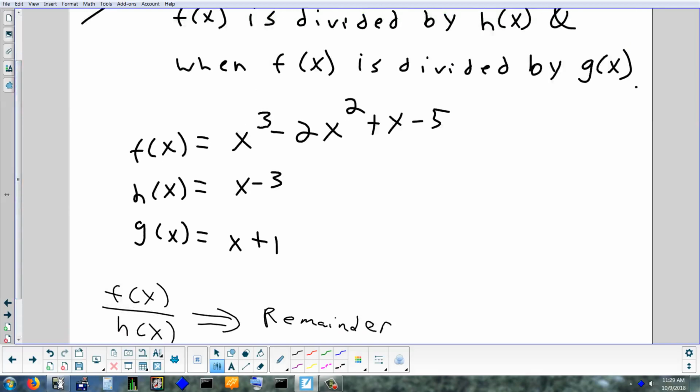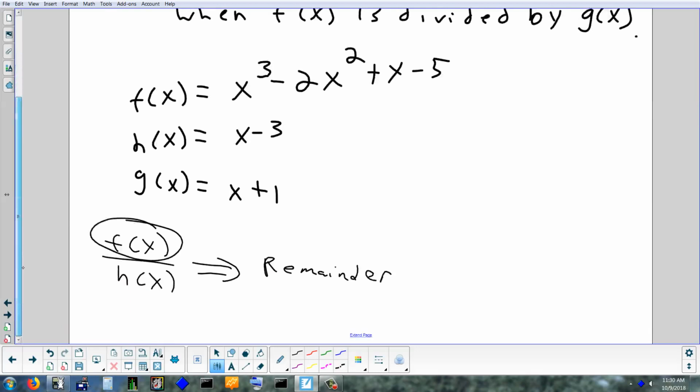What's the number after the minus sign in h of x? 3. You're going to plug 3 into the original problem, and that's your remainder. And you can check it with long division, where I'm not going to, but you could. So the remainder is 3 cubed minus 3 squared is how much?